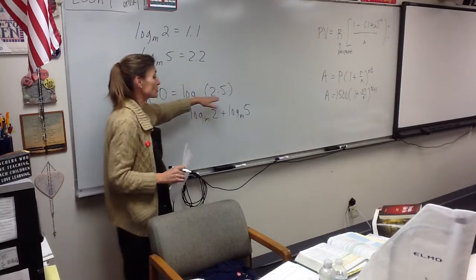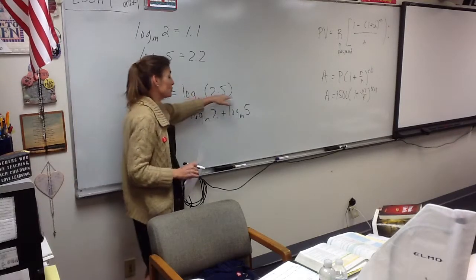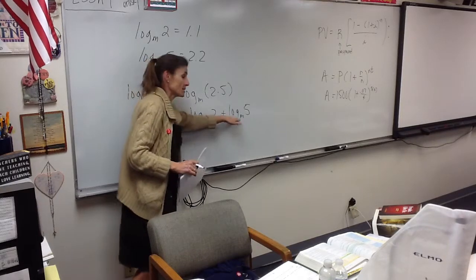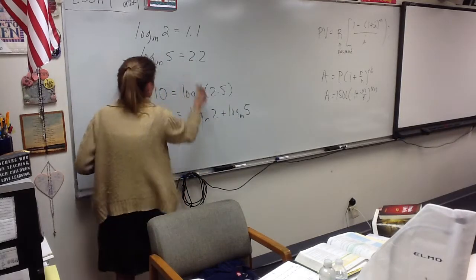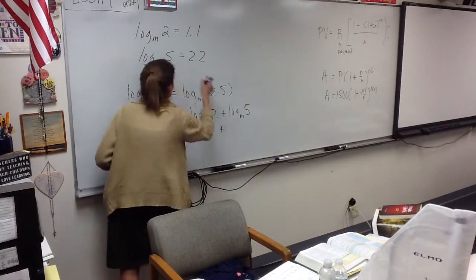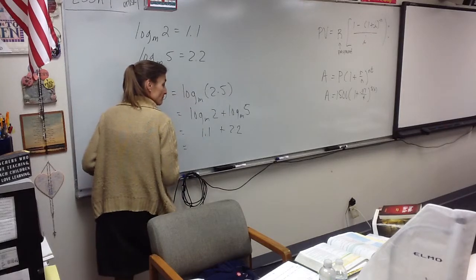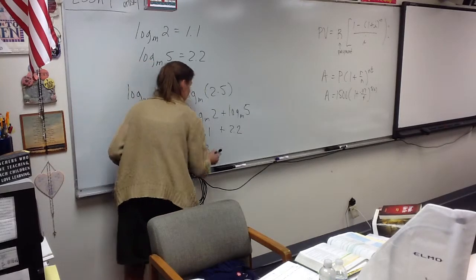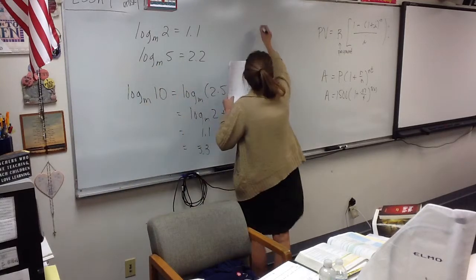Since 10 is 2 times 5, and the logarithm of 2 times 5 is the log of 2 plus the log of 5, we can just plug in our numbers. The log of 2 was 1.1, and the log of 5 was 2.2. So what's the answer to the question? 3.3. That was easy. Let's look at the next one. It looks harder.